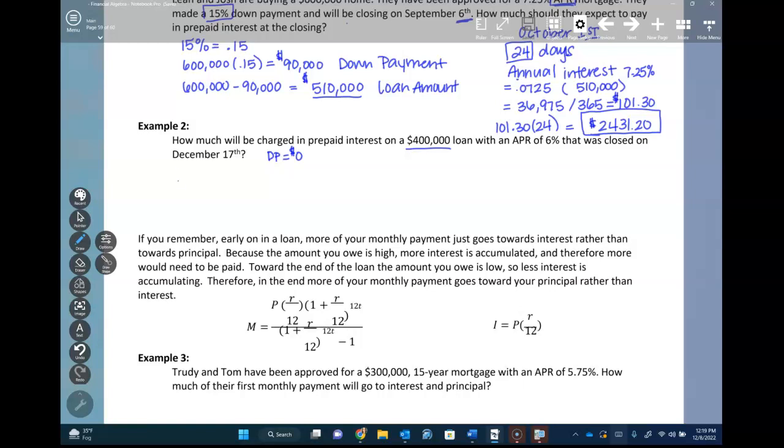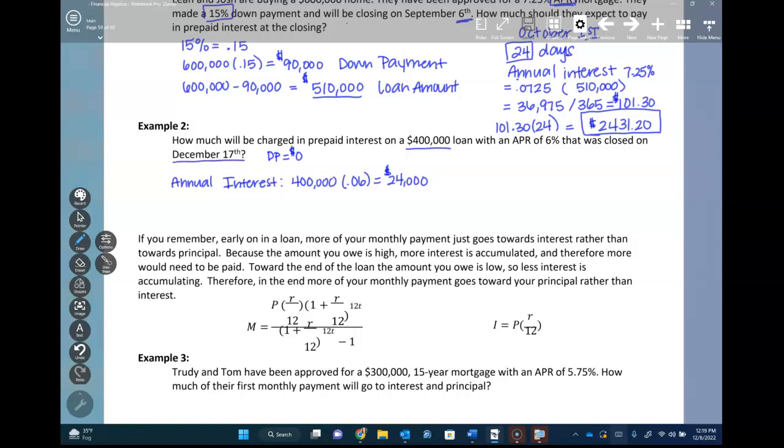So to figure out my annual interest, I'm going to take my $400,000 and multiply that by my 6%, which is 0.06 as a decimal. And that's going to give me 24 grand. So over the course of a year, I'm going to be paying $24,000 in interest.